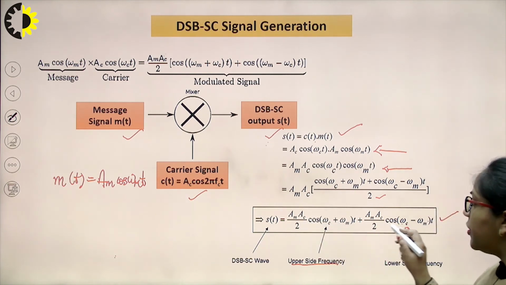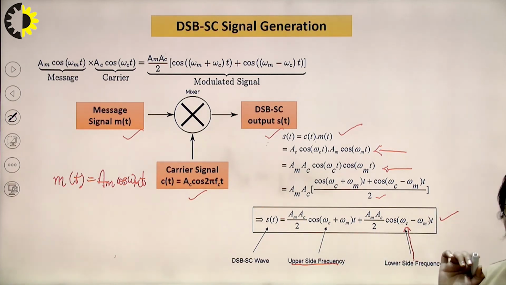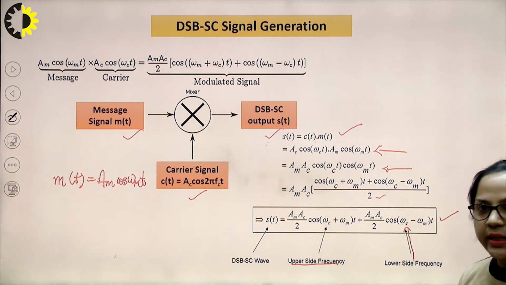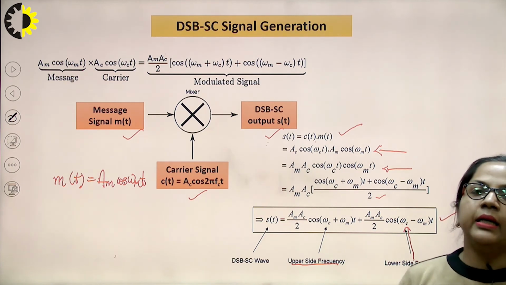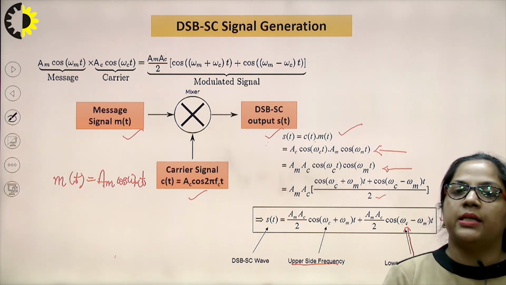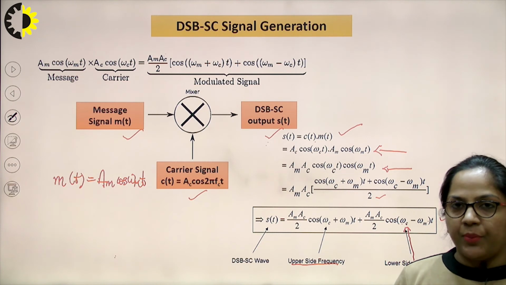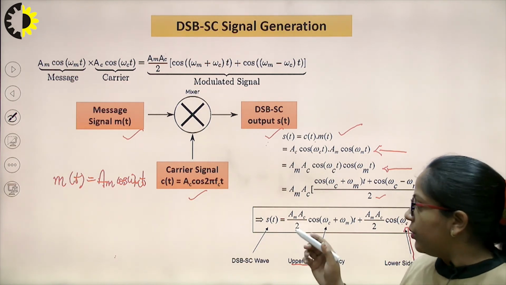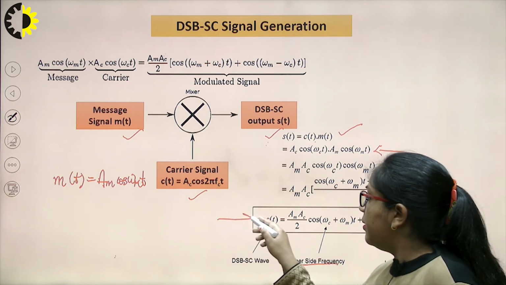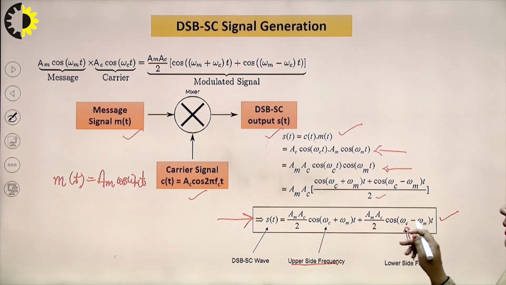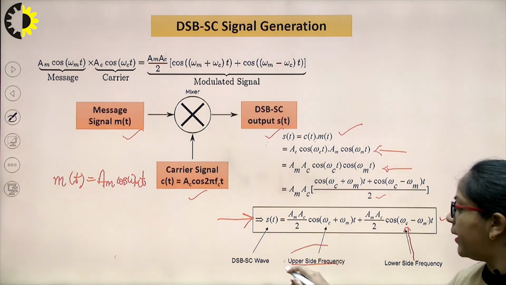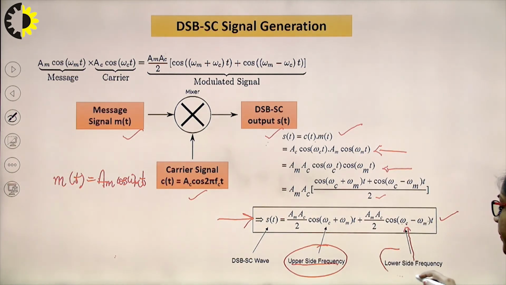In this expression, we are not having the term Ac cos 2 pi fc t, that we were getting in the last case, that is conventional amplitude modulation. So, here in DSB-SC signal, we have only the two sidebands, that is upper sideband and lower sideband.